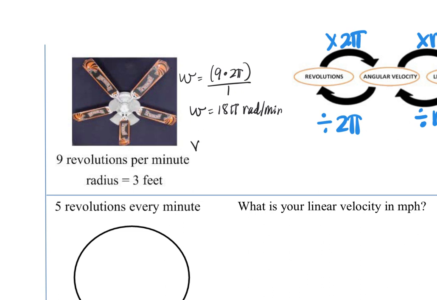If I wanted to go to the linear velocity, I have to use this radius, so this would be 3 times the angular velocity. That gives me 54 pi, and this is feet per minute, because it has the same units as the radius.